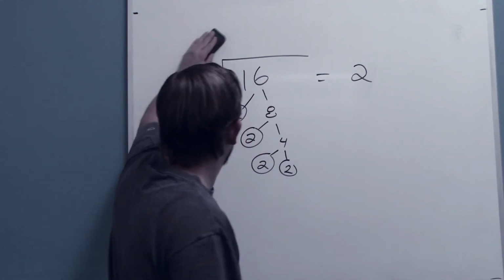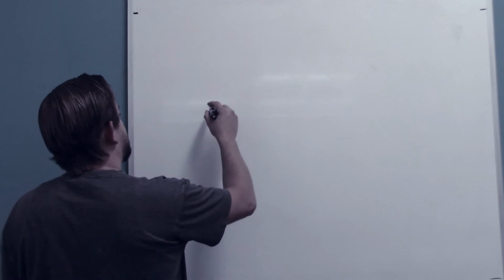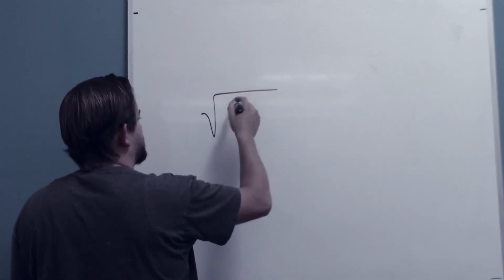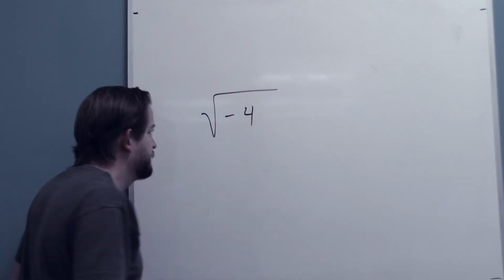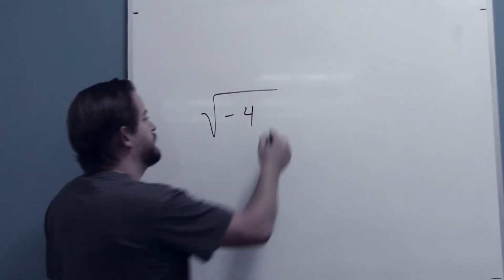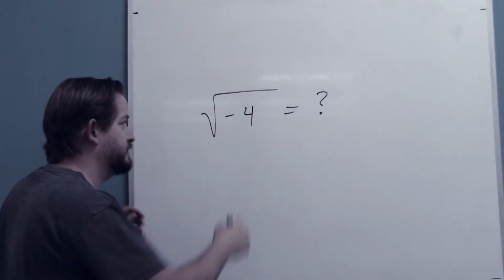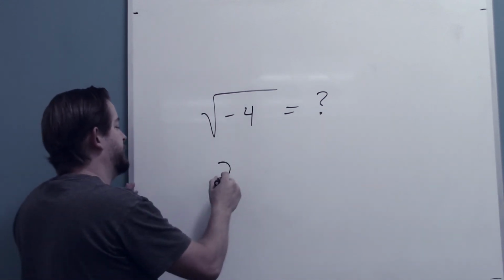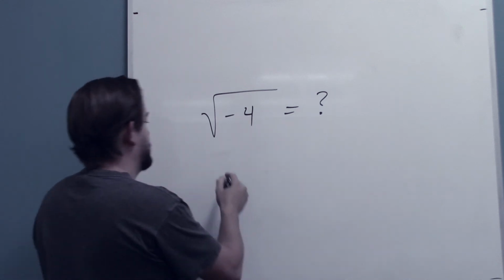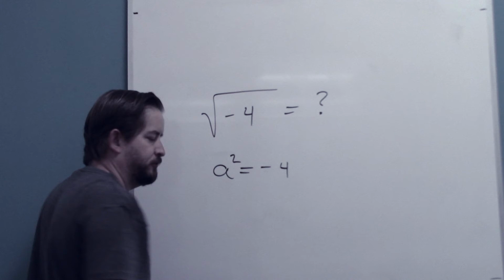We can also play with negatives, right? If I have the square root of, let's say, negative 4, can I work with this? Is there a possible solution here? And we'll show that there isn't, because for this to have a solution, I would have to have some number, whatever that number is, that if I square it gives me -4.